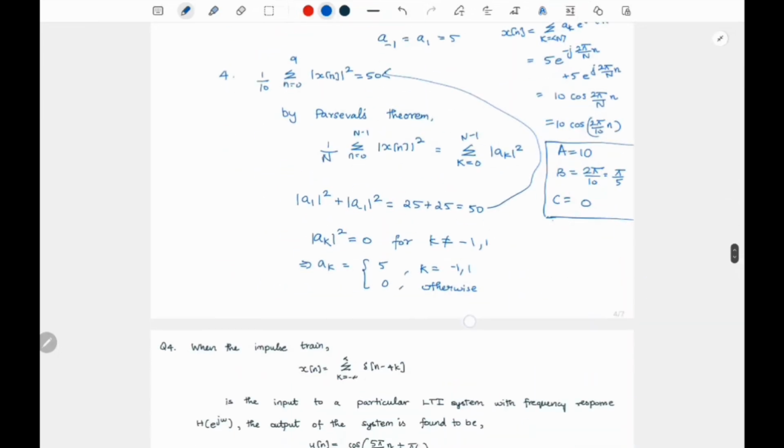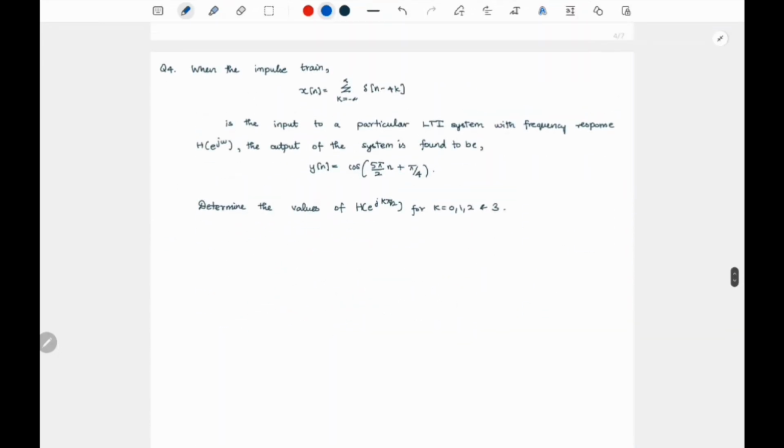Okay. So next question, fourth question. The impulse train x of n equal to summation k equal to minus infinity to infinity delta of n minus 4k is the input to a particular LTI system with frequency response h of e power j omega.